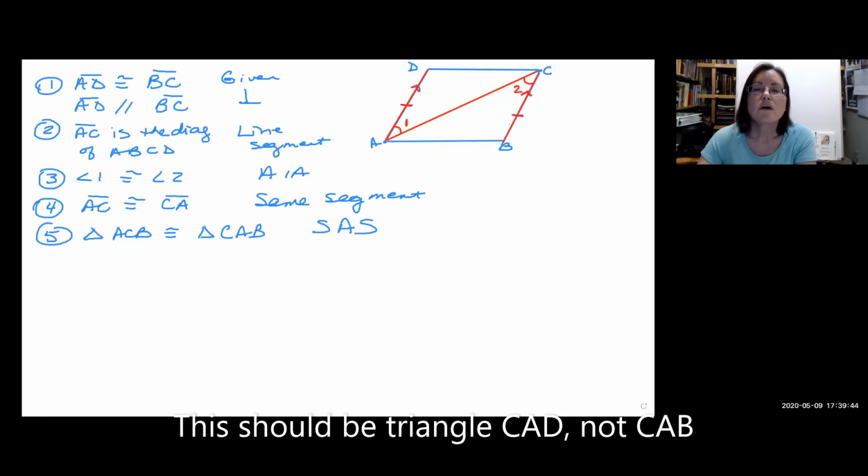And now I can make the next statement. Let's go to number 6. What am I trying to get to now? I want to prove that these two are parallel to each other. From there, I can use angles. Let's just call this angle 3 and angle 4. So now I could say that angle 3 is congruent to angle 4.